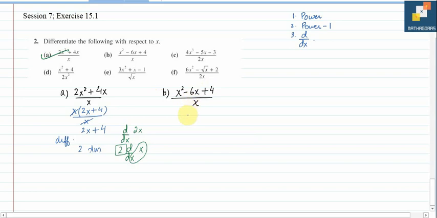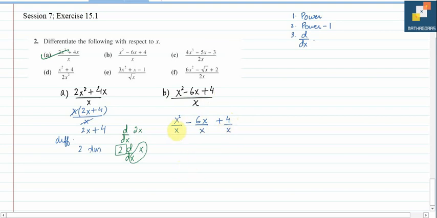And what does it mean? The denominator x is not only present with x square, it's present in all these three terms, right? So with the separation of LCM I can write x square divided by x minus 6x divided by x plus 4 divided by x. That is separation of LCM.